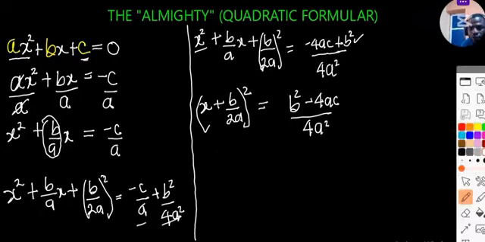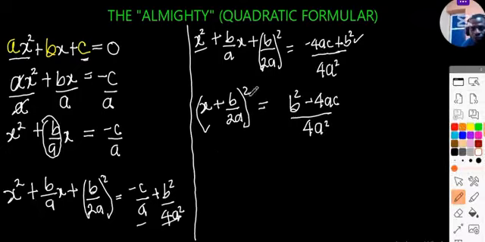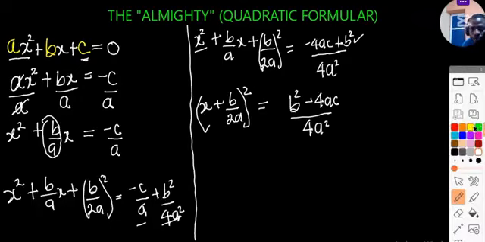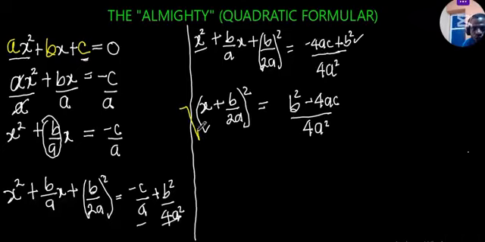Next, since this is squared, to get rid of the square we have to find the square root of both sides.